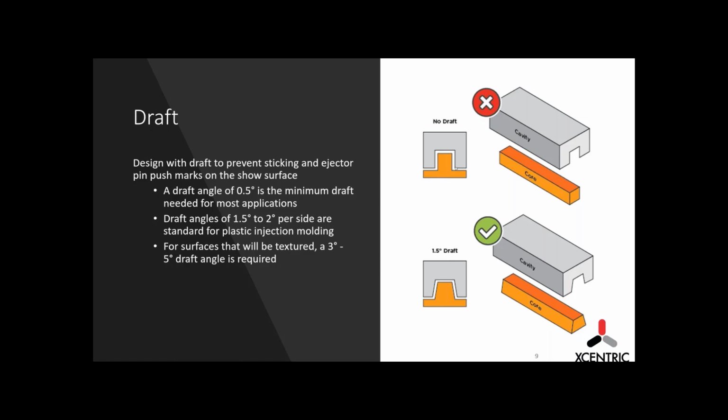Does a part design need to incorporate features for the point or site of injection? No. But you should take that into consideration in designing it and how it might be gated, depending on if it's a cosmetic part or non-cosmetic, and that we can help with.